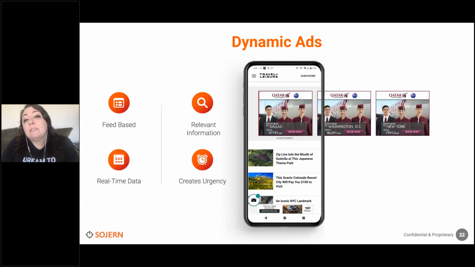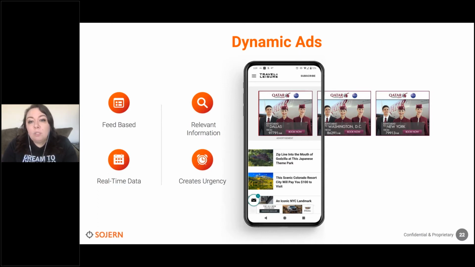The way this is done is dynamic display ads use feed data to fill in the ad's information based on the preferences and intent signals that a particular traveler has already shown an interest in through their online behavior. For example, if a traveler showed interest in visiting New York, you could have your ad show New York as the destination in your copy and the price to fly there. So in this example, they'd see the ad on the far right of this page rather than the other two.